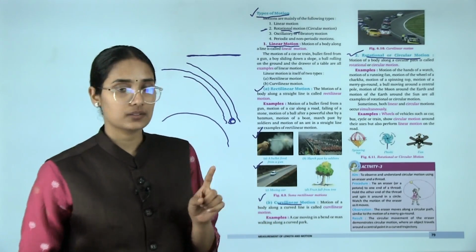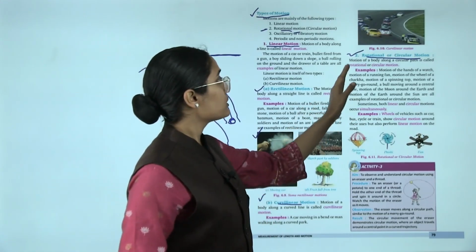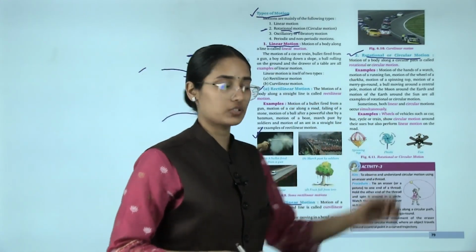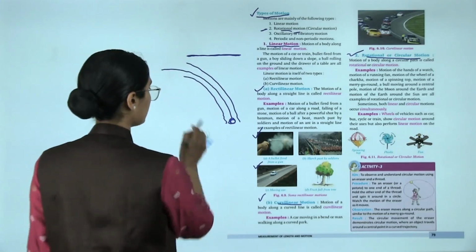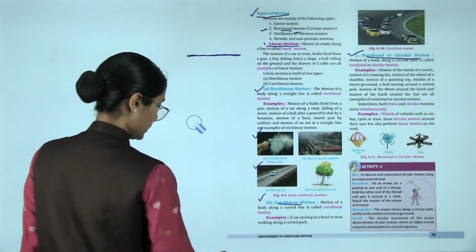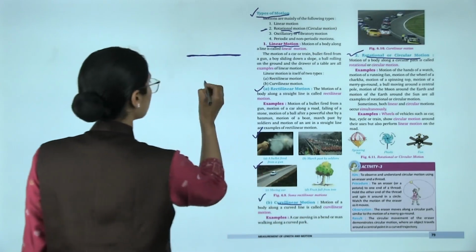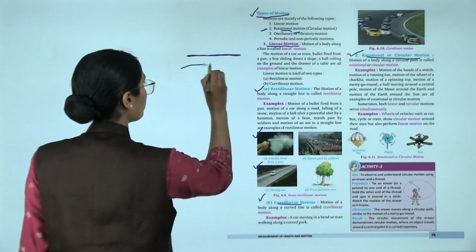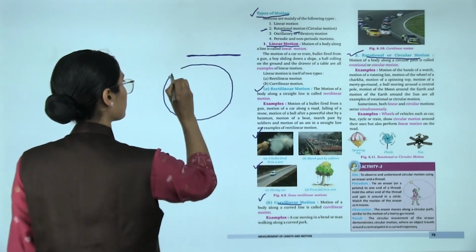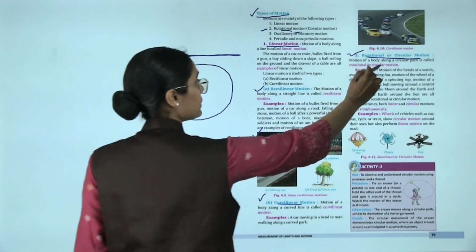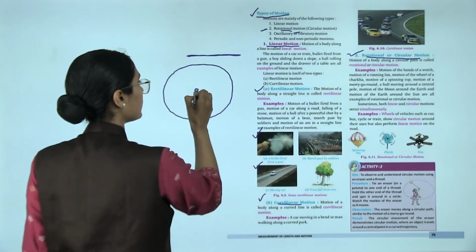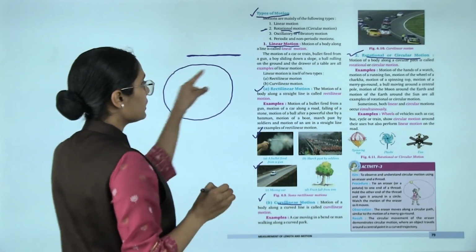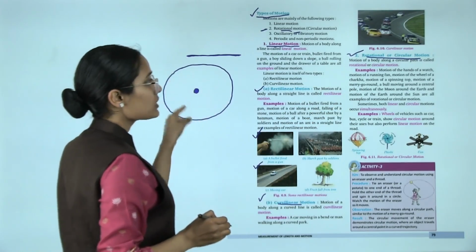So, in this case, what is happening? This is a rotational or circular motion. Let us say a particular thing is moving in a circular motion, and it has a center, and it is moving in this circular motion.